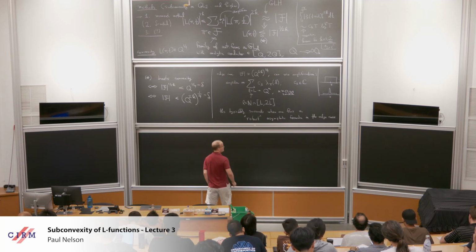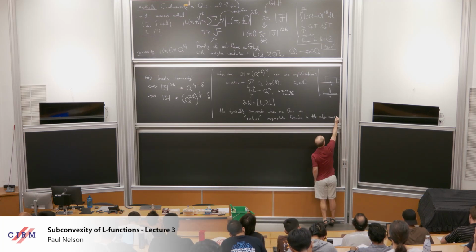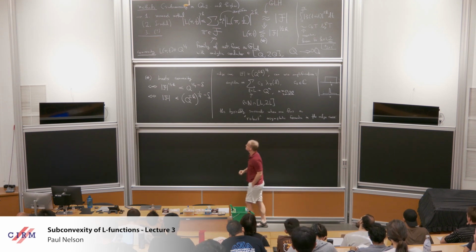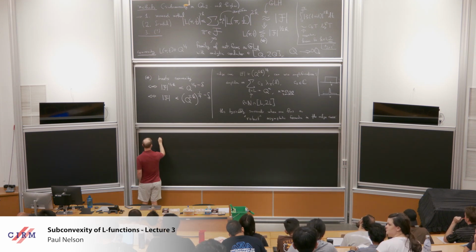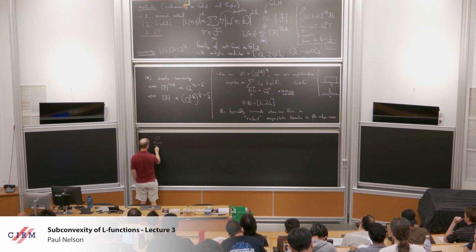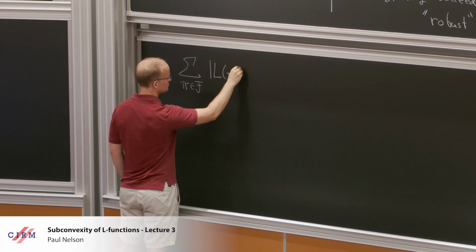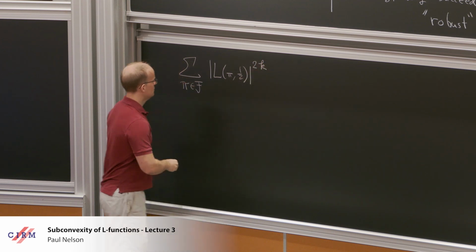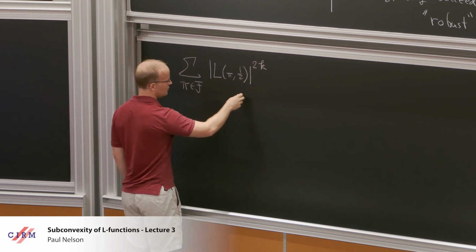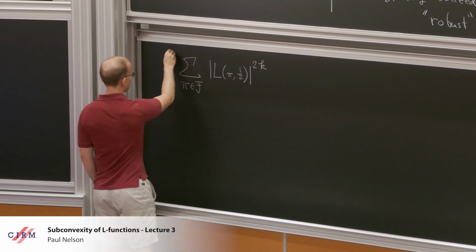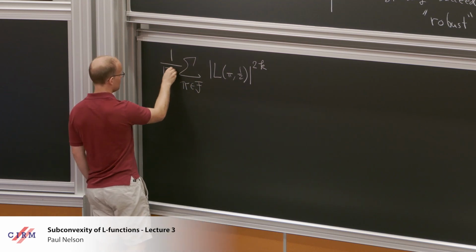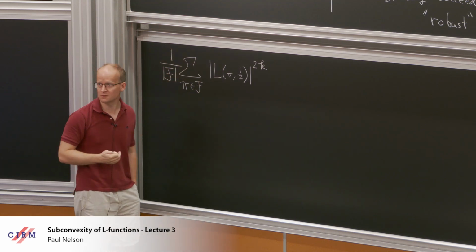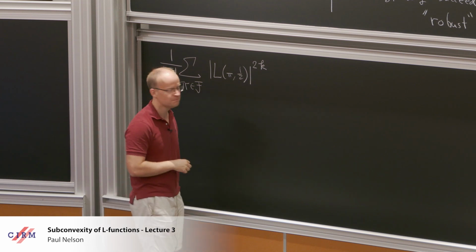So what is meant by that is, maybe we write it like this, and we normalize the moment by the size of the family so that the expected size is something comparable to 1, roughly.